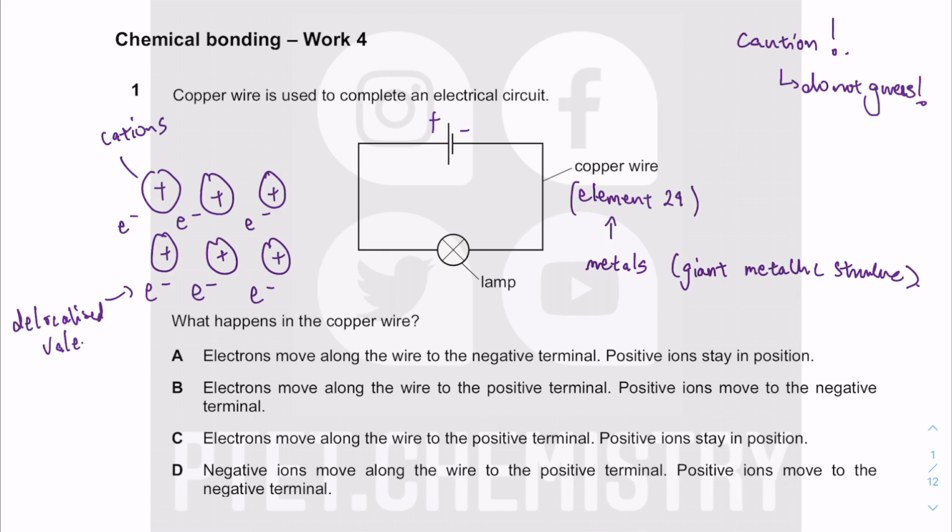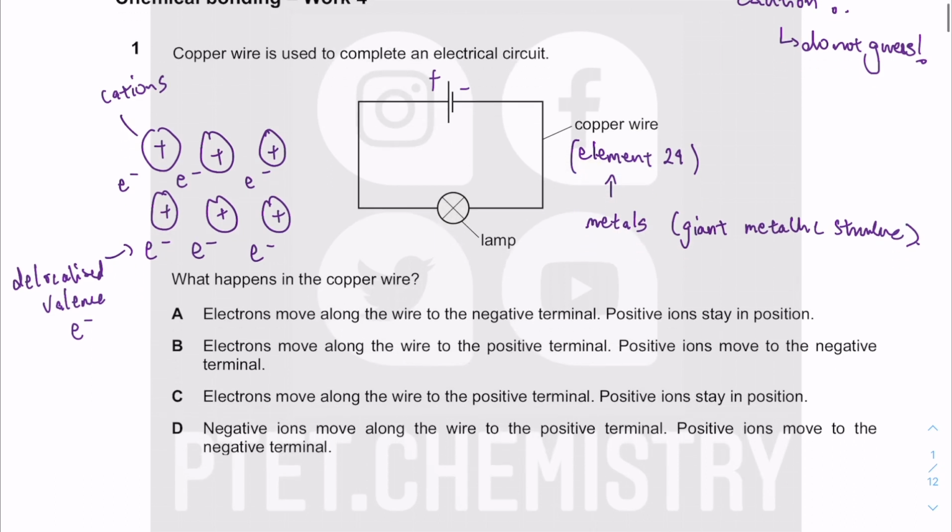It's not all the electrons in the atom, it's just valence electrons, and you only have one type of cation, but it's still essentially an atom because the electrons have just come from the outermost shell. All right, so this is an element because it's a giant metallic structure.